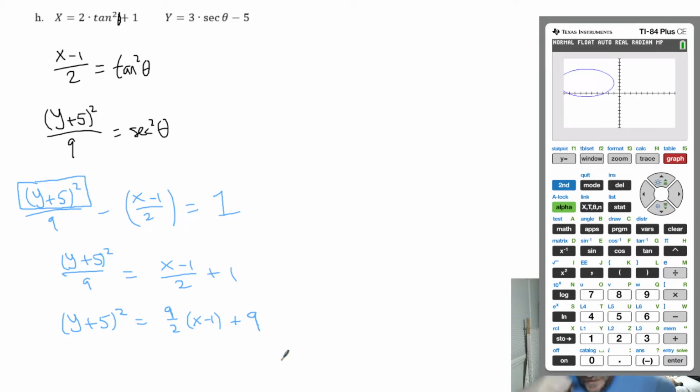Is that okay? No, that's not okay. We have to break down these parentheses and simplify. So, okay, fine, I'll do it. y plus 5 all squared. Distribute the 9/2. Add 9 to it in the form of 18/2, and that will just change the sign.